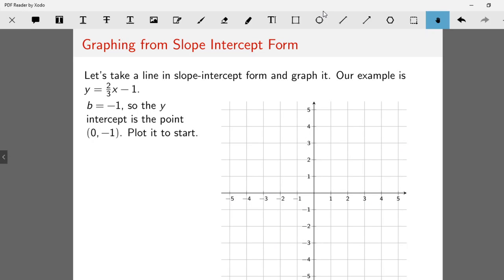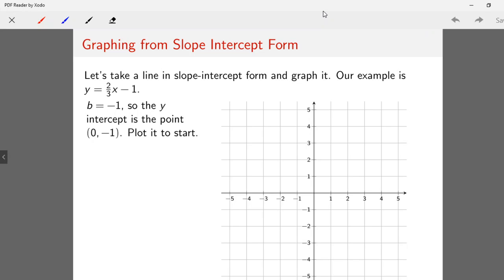What if we have the line y is equal to 2/3 x minus 1? Well, b equals negative 1, so the y-intercept is negative 1. I'm going to plot that. Then this slope is 2/3, so I'm going to go to the right 3, 1, 2, 3, and then I'm going to go up 2.